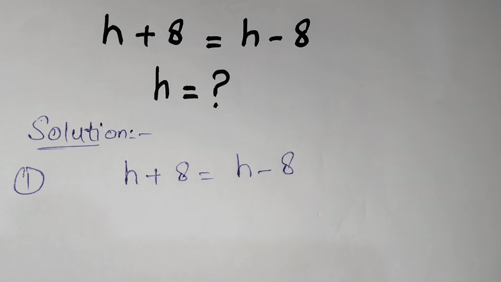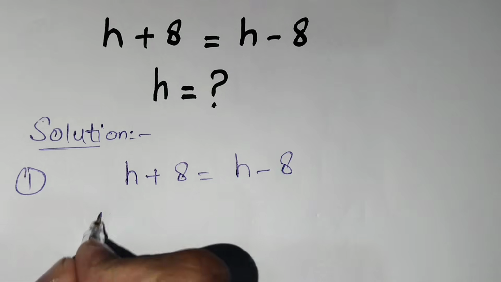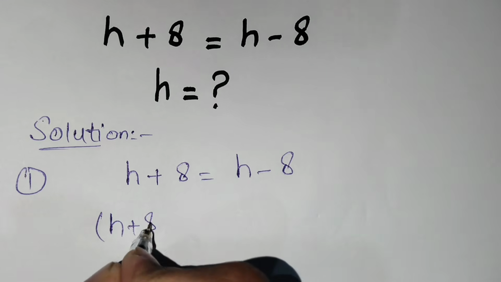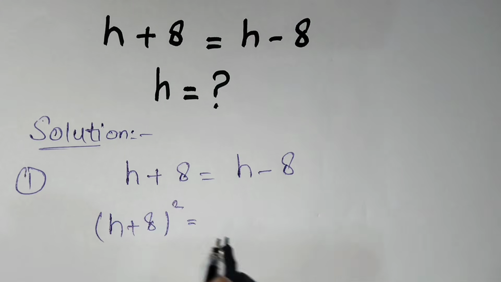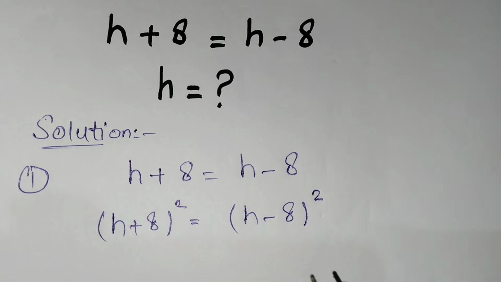First of all, we will take square on both sides of the equation. (h plus 8) whole square is equal to (h minus 8) whole square.